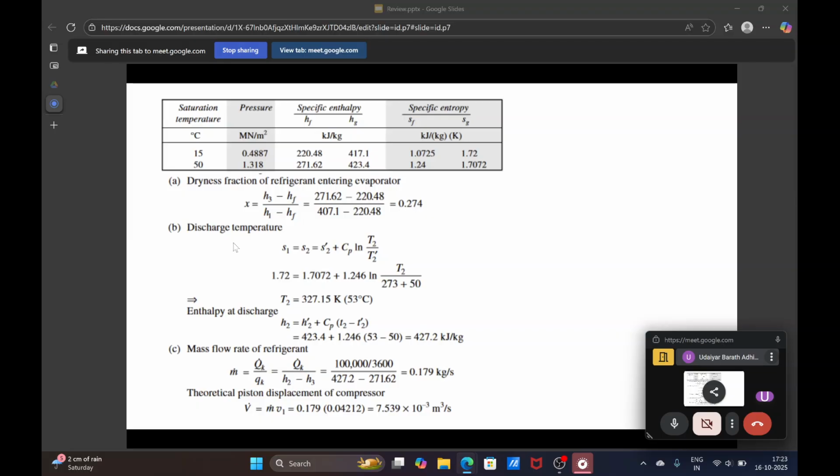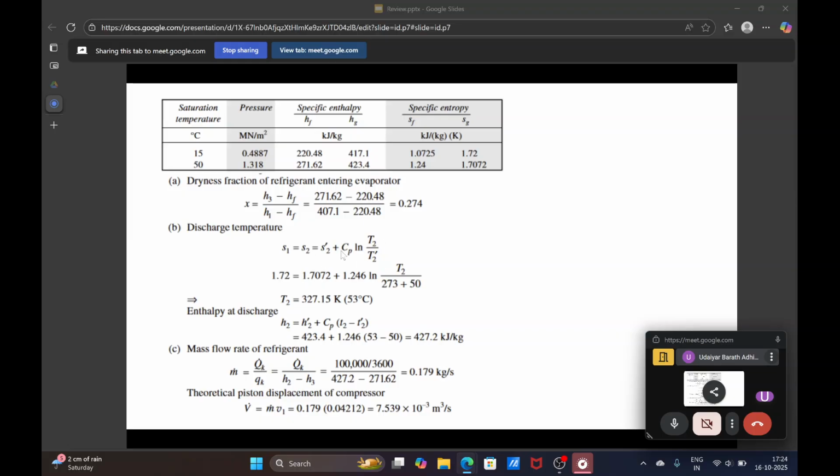Next is the discharge temperature. We assume the compressor to be operating as an isentropic compression, so it's a reversible adiabatic compression. So what you write is S1 is equal to S2. S2 is nothing but your ideal entropy at the datum plus the change with temperature.